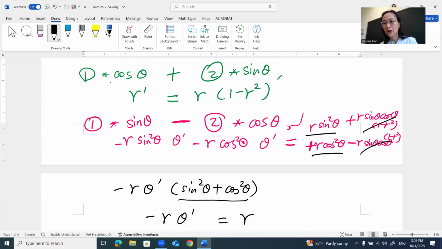So when you see the opposite signs, this equation becomes very simple. So this equation is the same as, if we divide negative r on both sides, theta prime is -1.